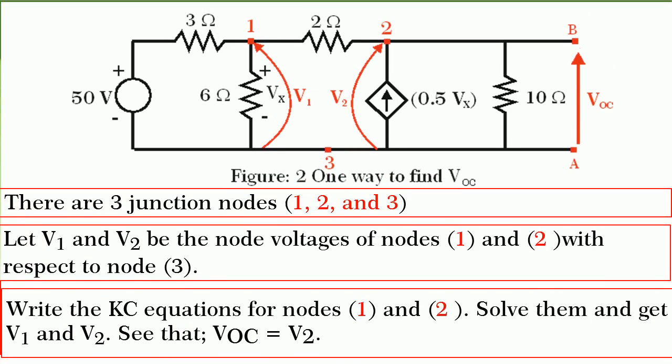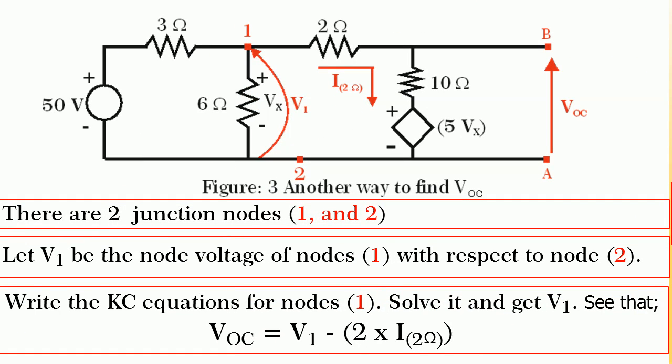Consider figure 2. There are 3 junction nodes 1, 2 and 3. Let V1 and V2 be the unknown voltages as assumed. Write Kirchhoff's current equation for node 1 and 2 and solve for V1 and V2. Note that VOC is equal to V2.